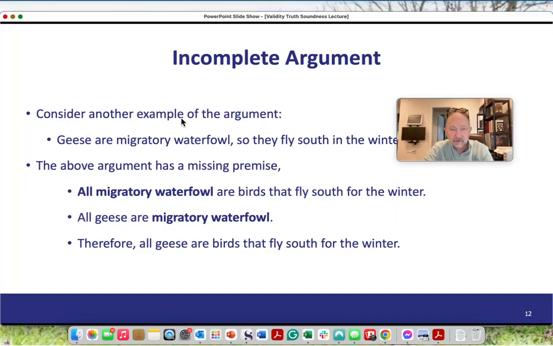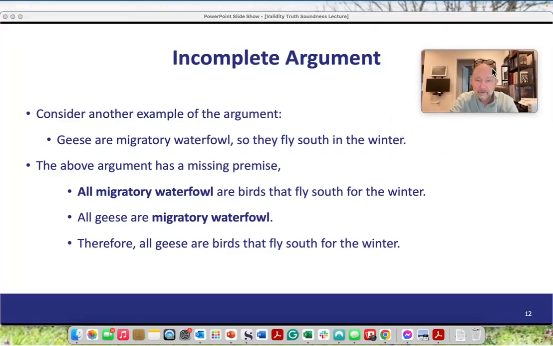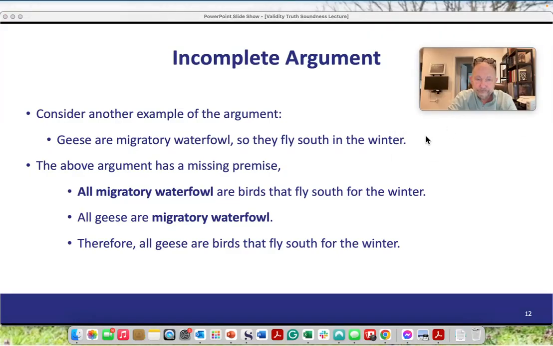So consider this example. Geese are migratory waterfowl, so they fly south in the winter. It's missing a premise, right? That geese are migratory waterfowl, it's like all A are C, but how do you get, let me get this right, all A are C, and all of a sudden you have a conclusion, right?